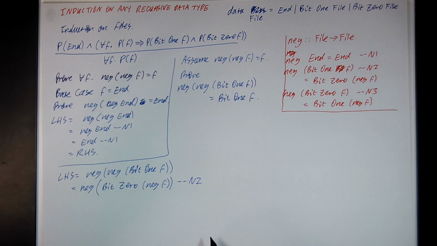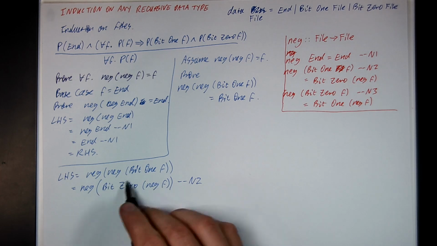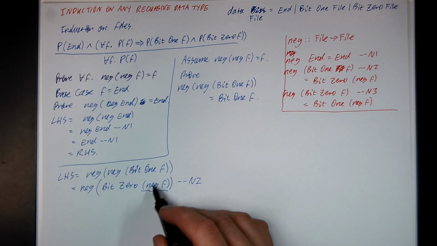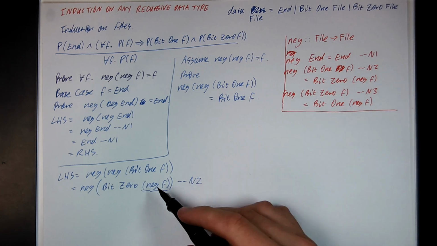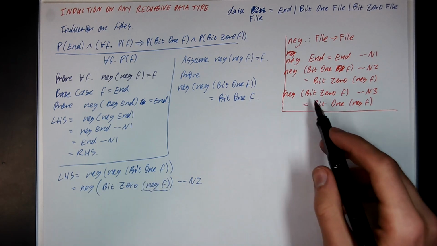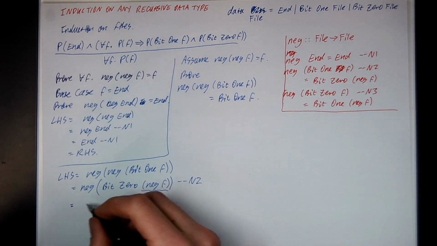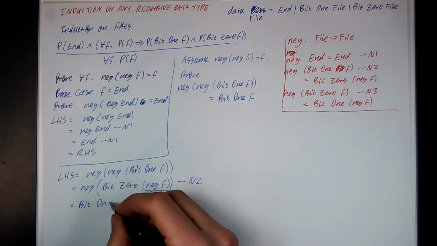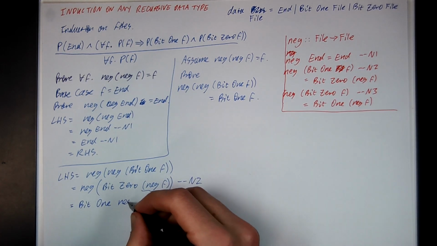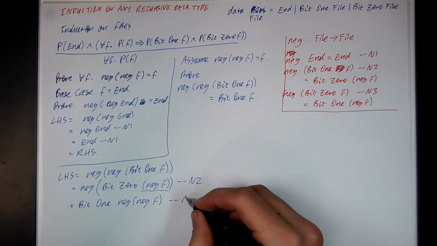Okay, so what is this equal to? Well, this is going to be some file, whatever it is. So if we look at the definition of negation, I can take the 0 out the front, flip it to a 1, and then negate what's left over. So we have bit 1, and then negate what's left over, so neg of neg of f, by n3.